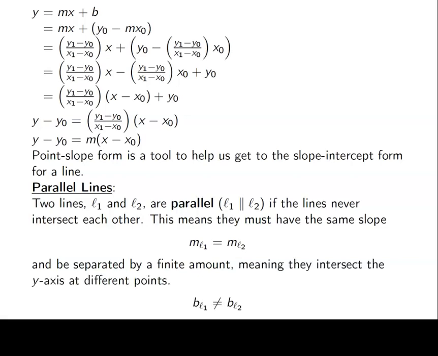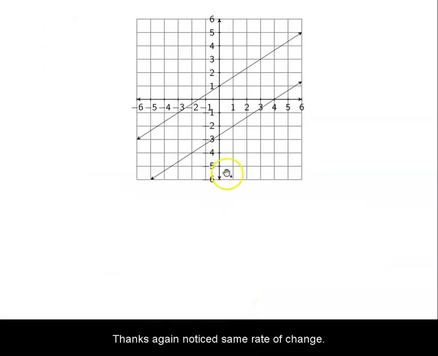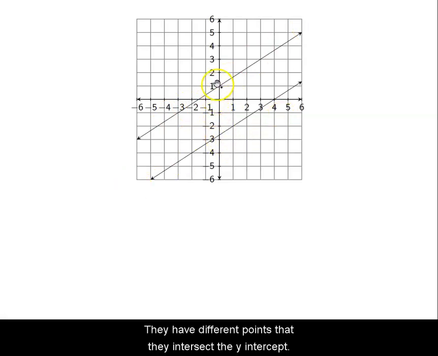So the b value for L1 cannot be the same as the b value for L2, right? Those intercept values. So again, notice same rate of change, because they're parallel. They have different points where they intersect the y-axis.